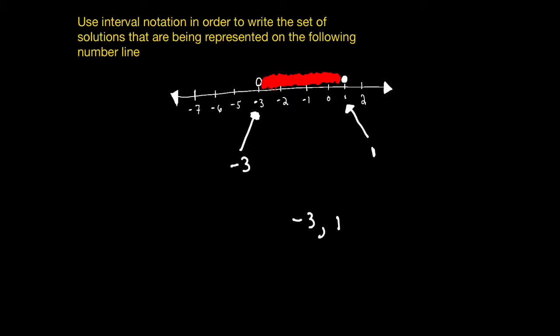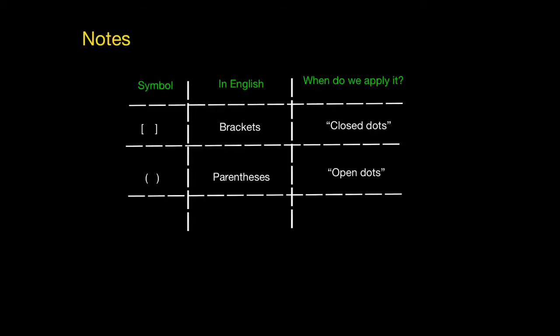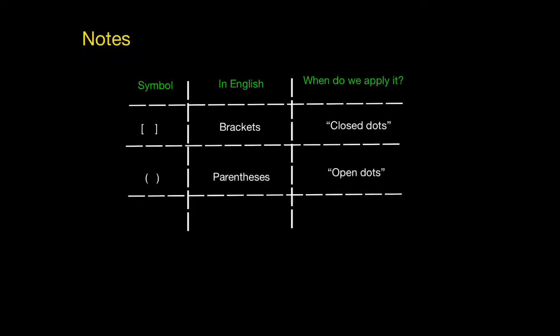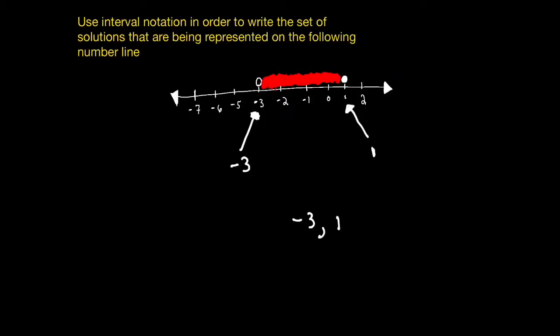Now we will make use of these symbols here. So notice that if I go back, here I have an open circle. So open dots or open circles tell us that we have to use parentheses on the left. So here, let me write that down.